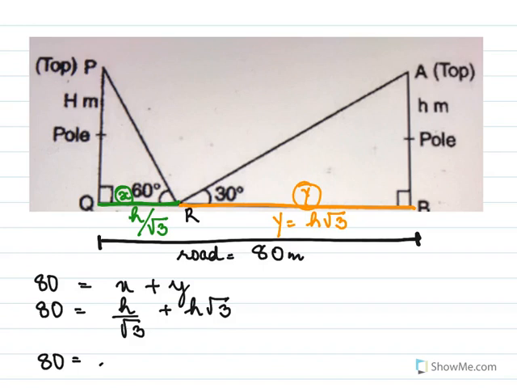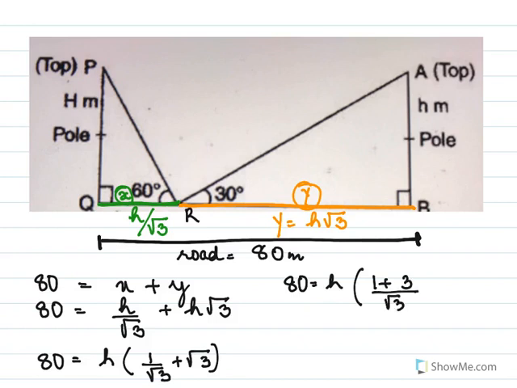So 80 equals, taking h common, 1 over root 3 plus root 3. So 80 equals h, taking LCM, (1 plus 3) over root 3. Cross multiply, 80 root 3 over 3 plus 1, which is 4, equals h. So the height h is 20 root 3 meter.